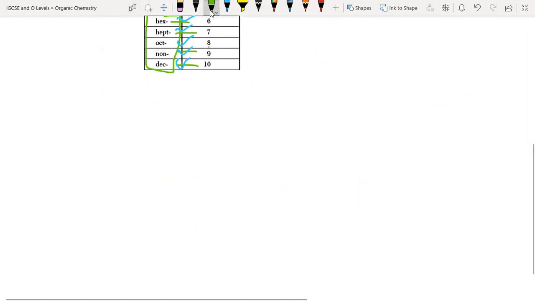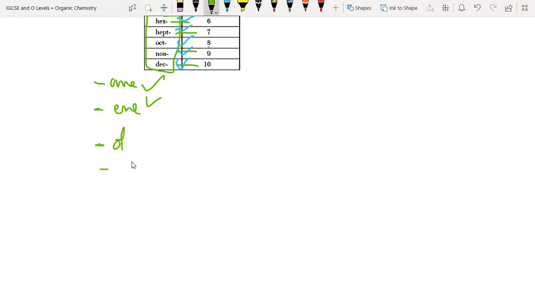Number 1, ane, and ene, which have been discussed, but the third and fourth are ol and oic acid. What is this?